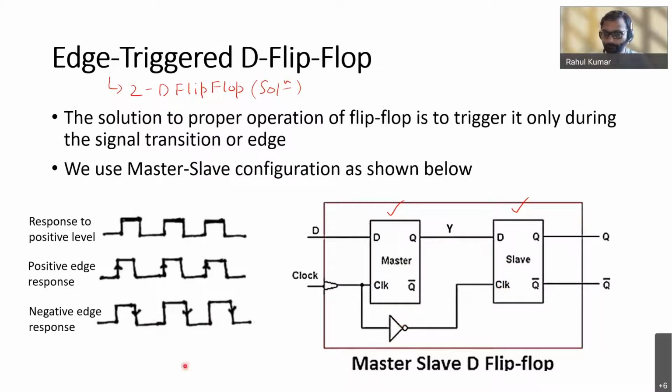So what will happen is when your clock pulse is high, the master flip-flop will be on, right? Because the clock pulse is high, and on means your output can change.